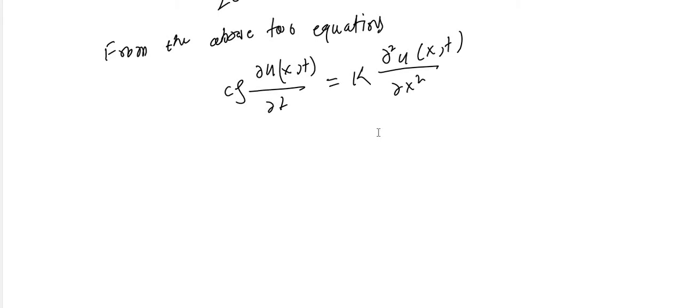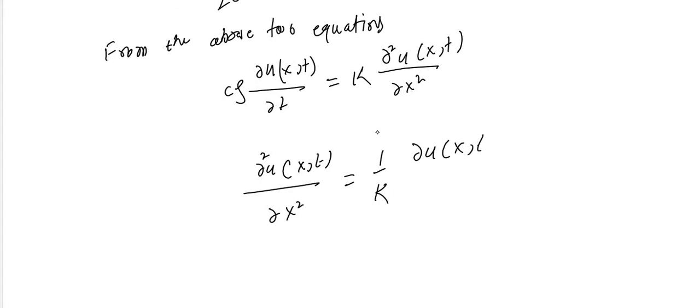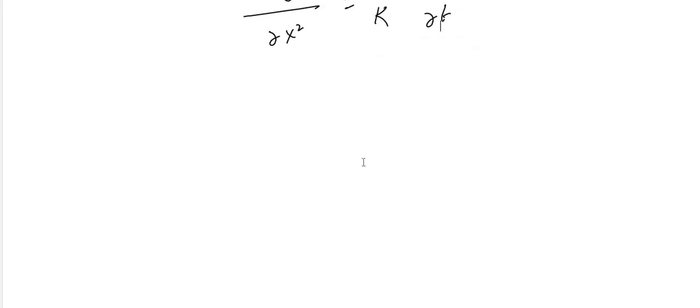Now if you rearrange this thing, you will get this thing here divided by delta x squared, and this equals 1 by kappa times the partial derivative of u(x,t) with respect to t. So you can see this is your heat equation.